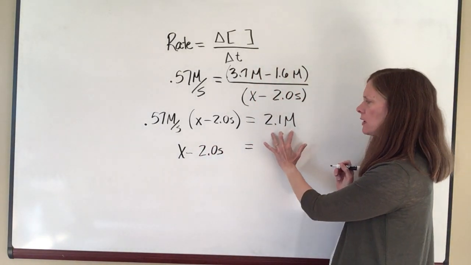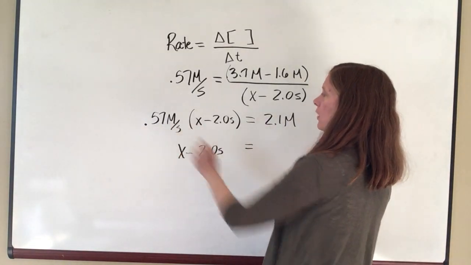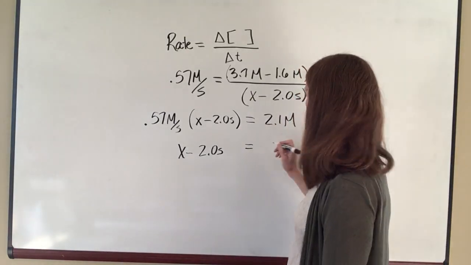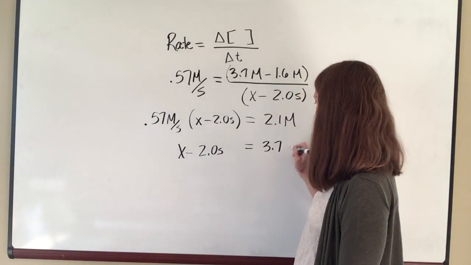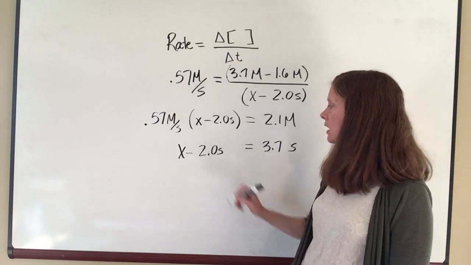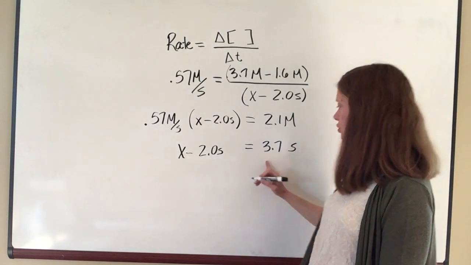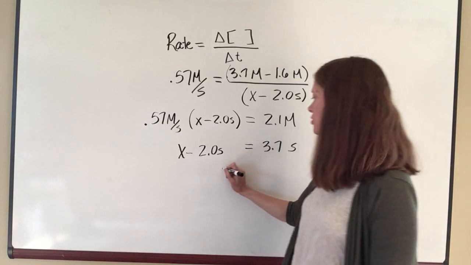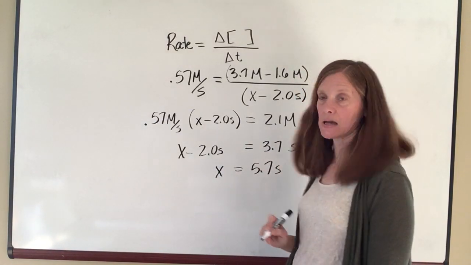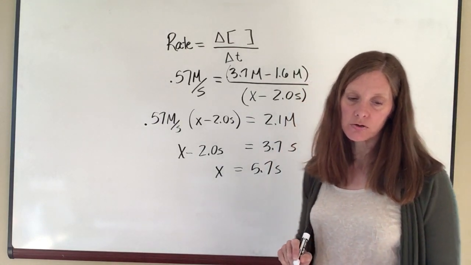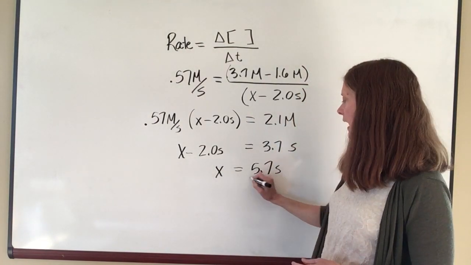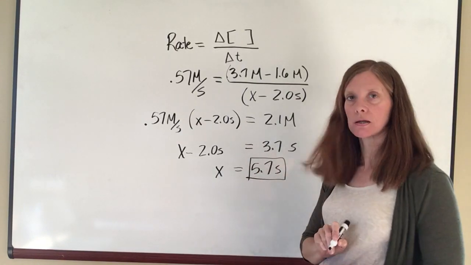If I take 2.1 divided by 0.57, the molarities are going to cancel out, and that's going to give me 3.7 seconds on this side. Okay? So now I can add 2 seconds to each side of the equation, and that will give me a time of 5.7 seconds. So this particular student measured the second concentration at 5.7 seconds.